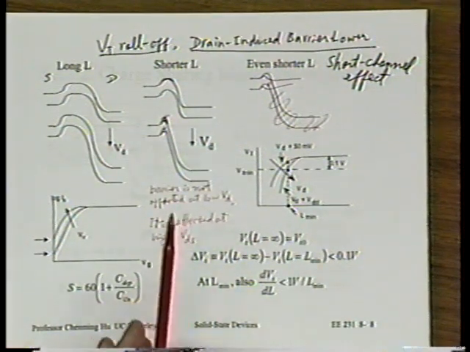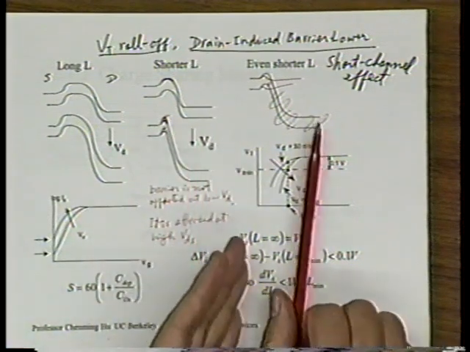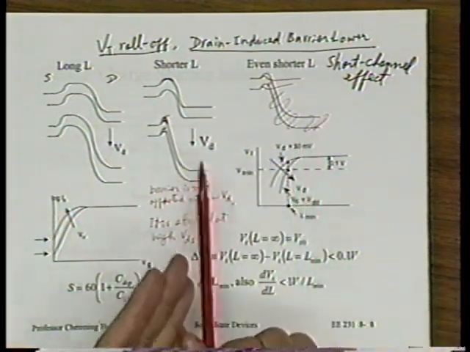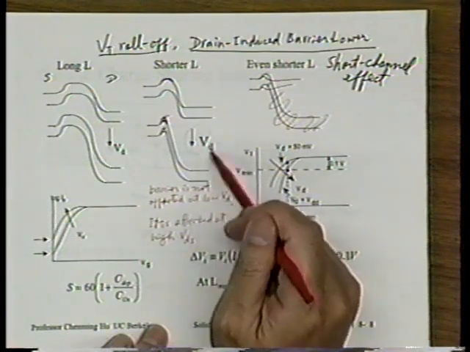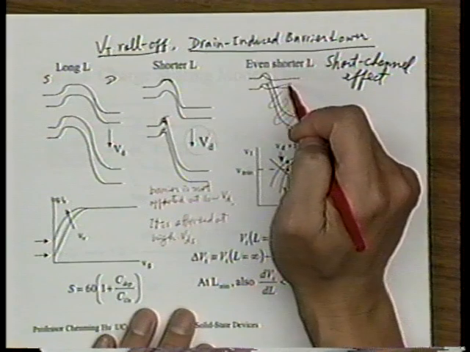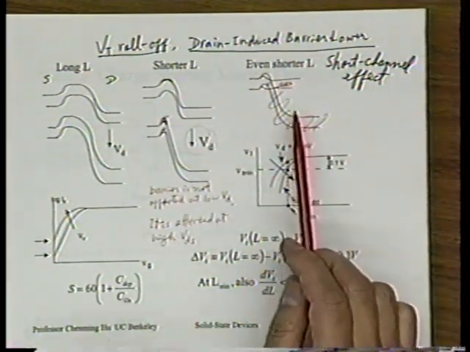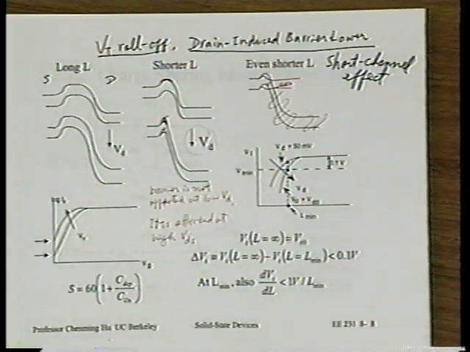So the middle case is sometimes called drain-induced barrier lowering, because VD plays a role here. In this case, some people like to say this is not drain-induced barrier lowering, this is called channel length dependence of the threshold voltage. I don't like that picture.